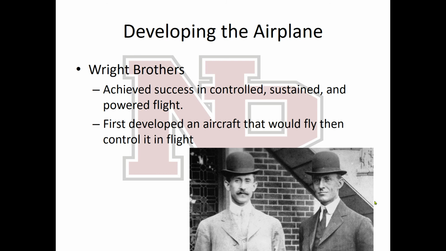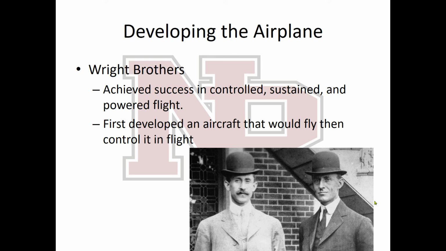They first developed an aircraft that would fly. Then they controlled flight. So they got a craft, a glider that could stay in the air. Then they learned how to control it. Then they learned how to put a motor on it and do all of it together.